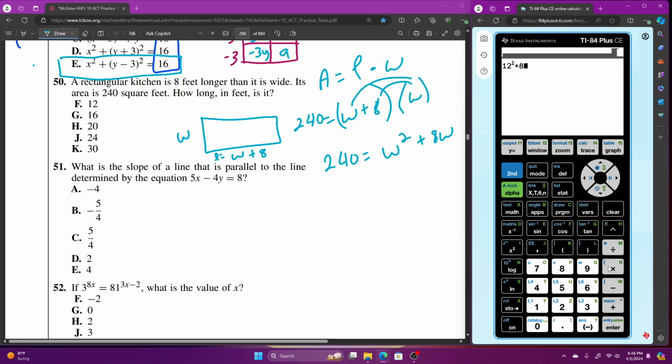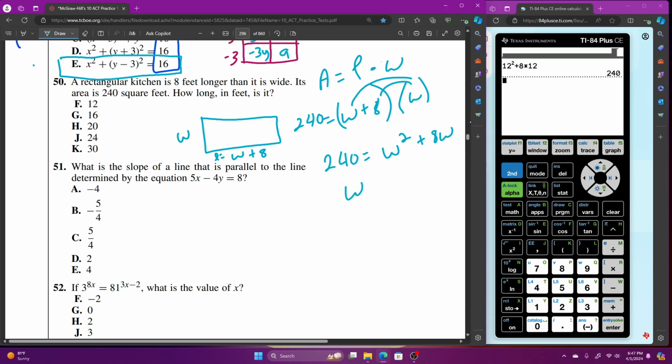12 squared plus 8 times 12. Does this equal 240? If it does, we found the answer. Well, we found the answer for the width. We know that the width equals 12.